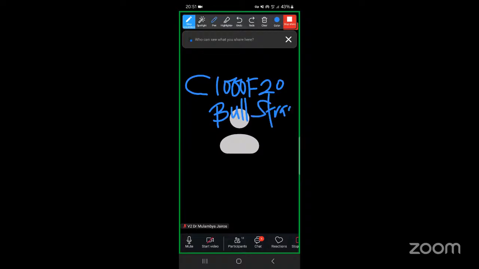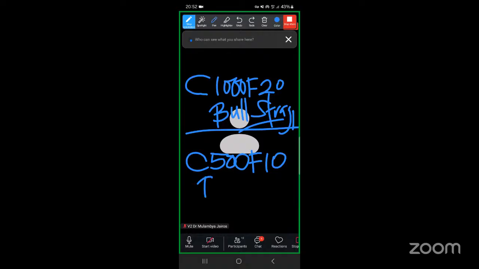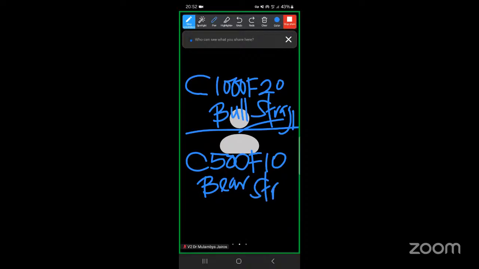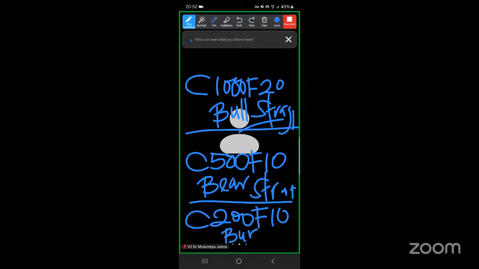That is the name. Another one you say C 500, F 10, bearish or bear strategy. Another one C 200, F 10, bullish or bull market.